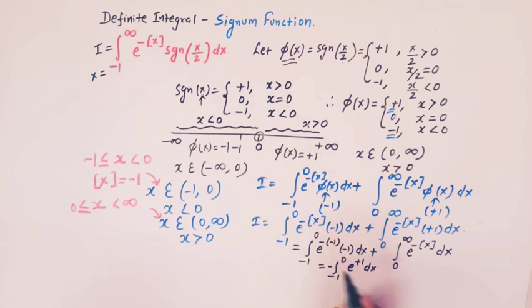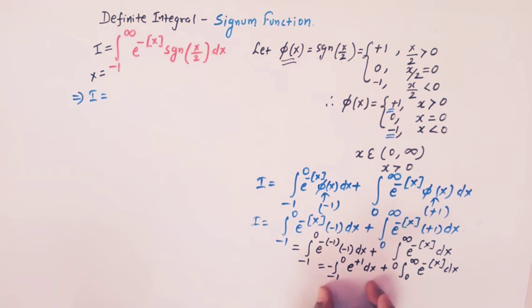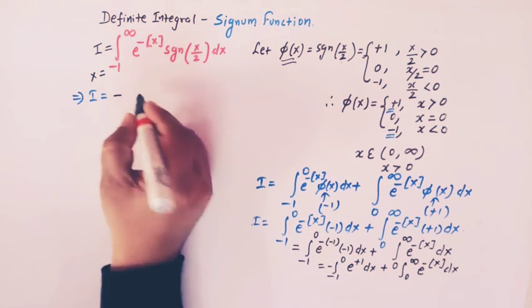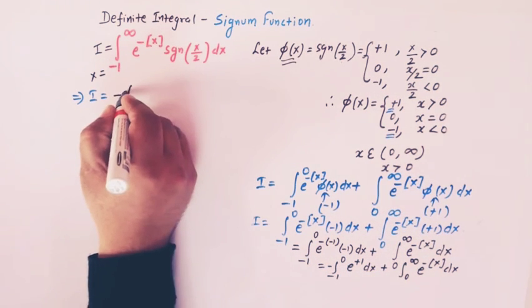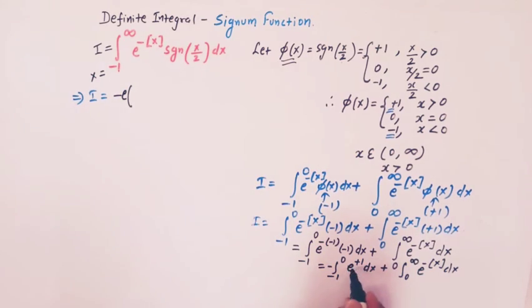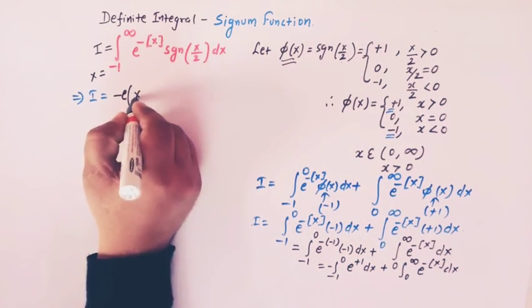Here we have this negative sign, and now we can write it as 0 to infinity e raised to minus greatest integer x dx, right? So now viewers, the value of this integral is minus, and the integral of dx is x. Simply here we have e, because e is the constant, and here we have x.